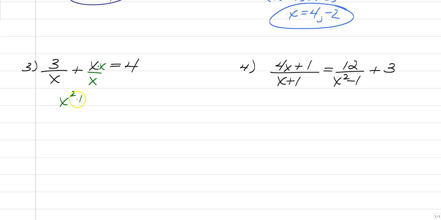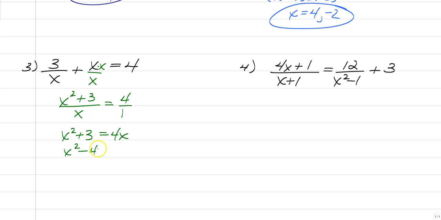So you have x squared plus 3 all over x, and that's equal to 4 over 1. And now you just cross multiply. So if you were to do that one step and then cross multiply, you're kind of adding an extra step. So that's why I just wanted to show you what you could do. So if you were to then cross multiply, you have x squared plus 3 is equal to 4x.